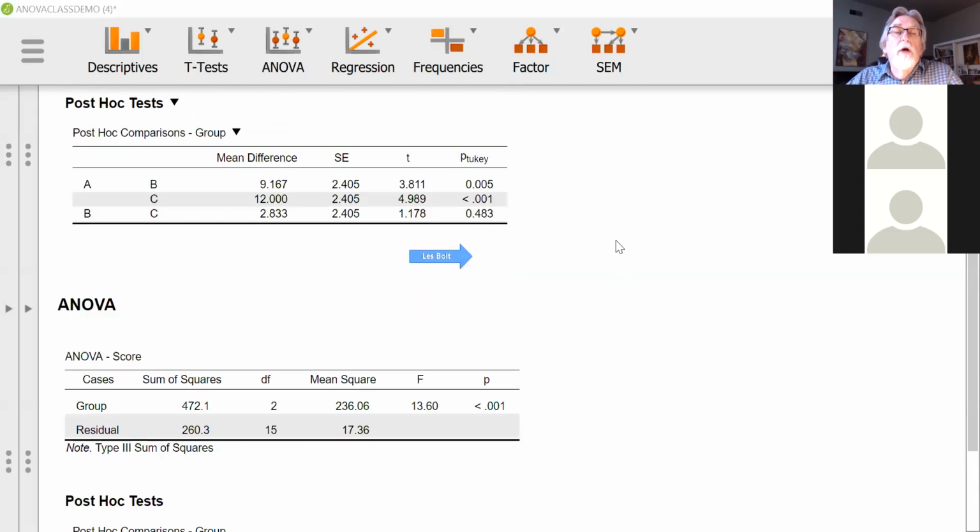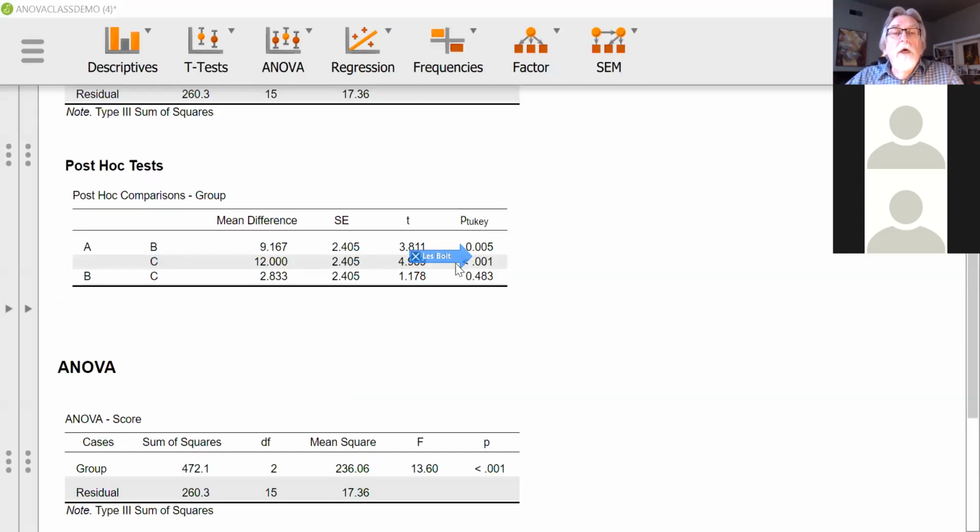I don't know why it ran twice, but it gave me 2 outputs. So if we look at the post hoc test, in this case, it was what we called a Tukey test. The way this is set up is it looks at comparisons between groups.